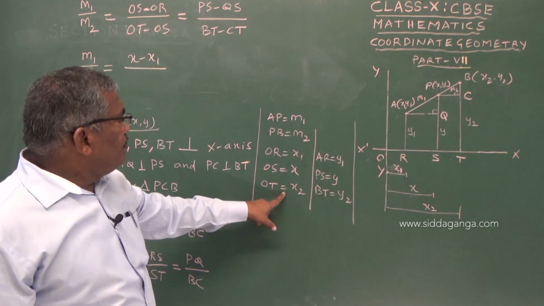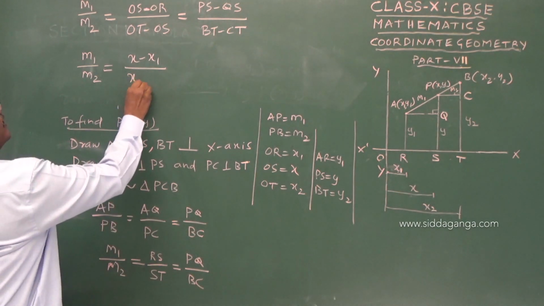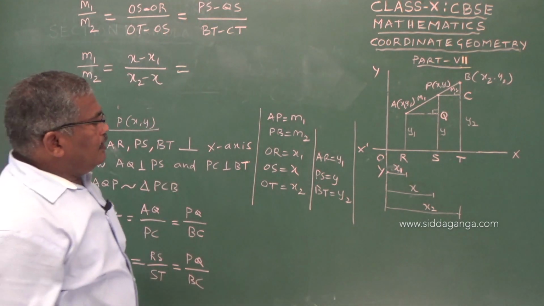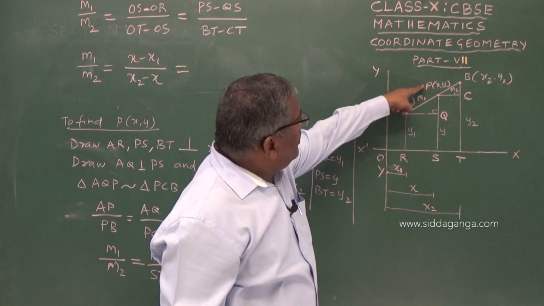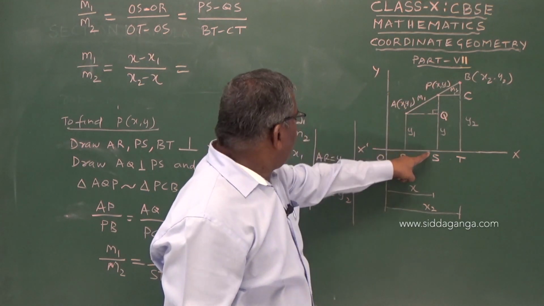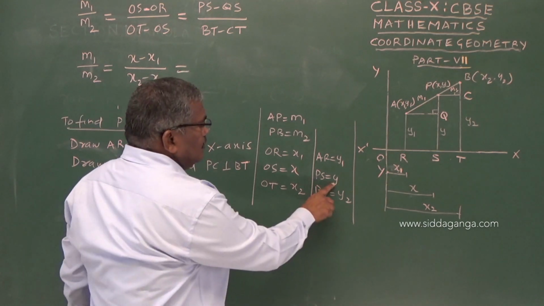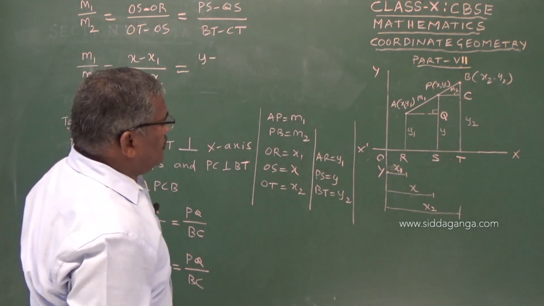OT is X2, so X2 minus X, equals PS. PS is Y. So here also, PS is Y minus QS.